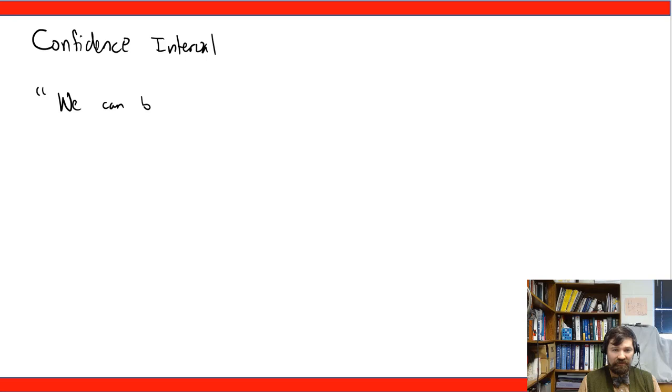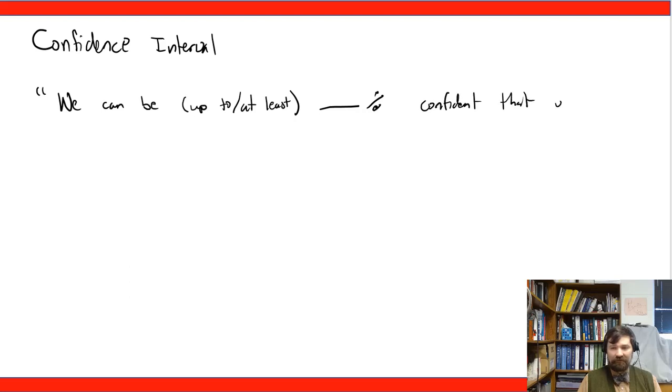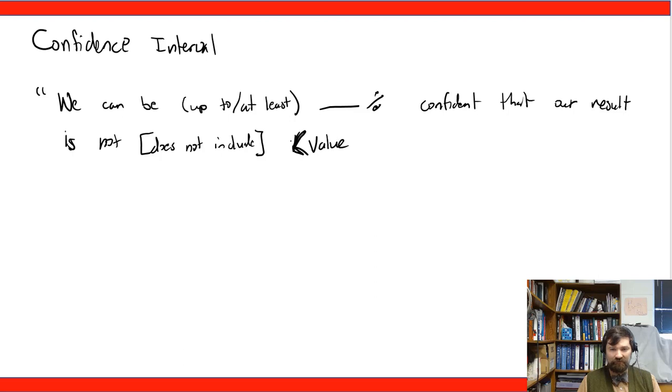We can be, and then parenthetically, up to, or at least, depending on how you've set everything up, some percentage confident that our result is not, and that means does not include, and then basically the value we're comparing it to. And that's basically what the confidence interval says.